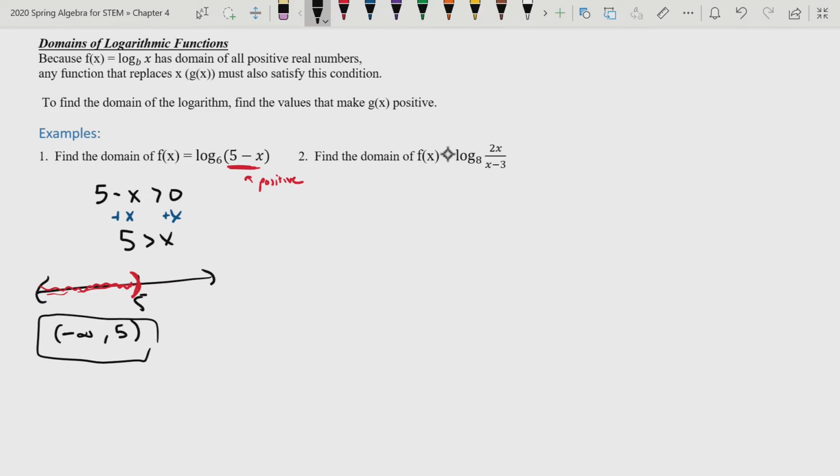Let's find the domain of log base 8 of 2x over x minus 3. Here, the restriction on the logarithm is that this whole argument is positive. So that means we need 2x over x minus 3 to be bigger than 0.